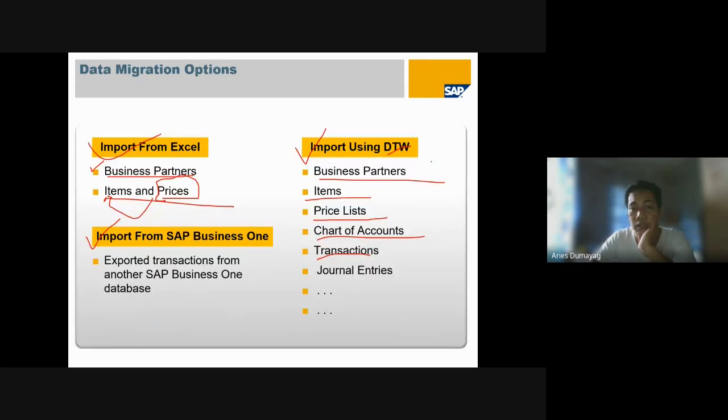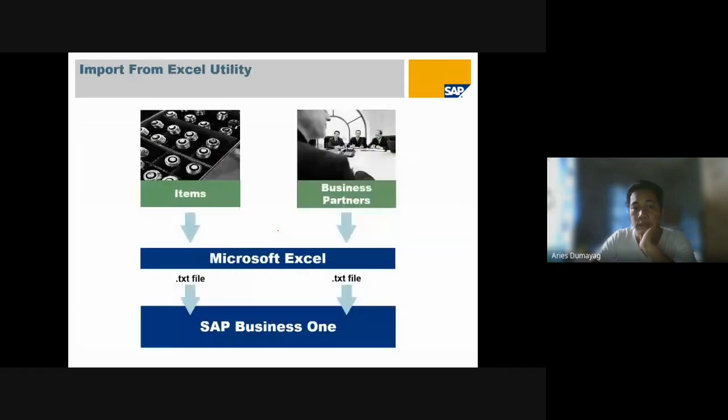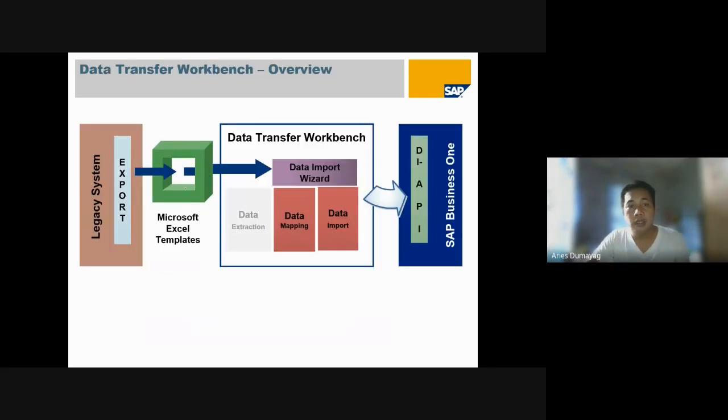Yung paggamit ng data transfer workbench at saka yung the actual database from other SAP Business One databases. Okay? So text file kapag galing siya sa Microsoft Excel, converted siya pagpasok sa SAP Business One, no? Magbabanggaan lang sila.